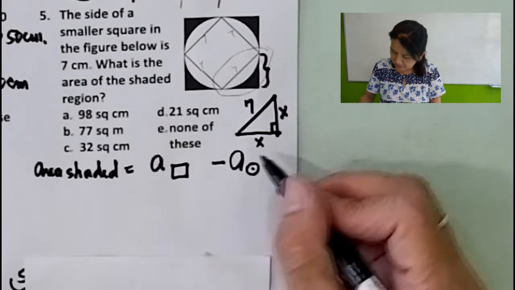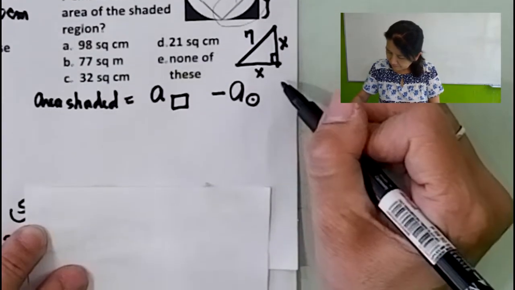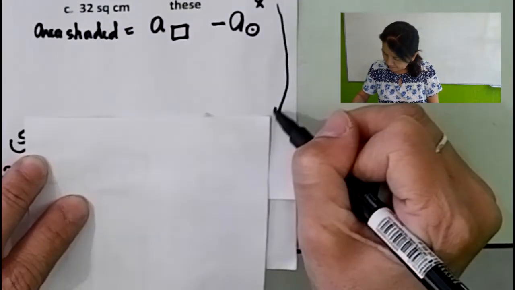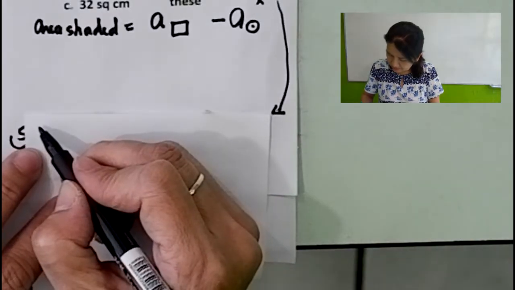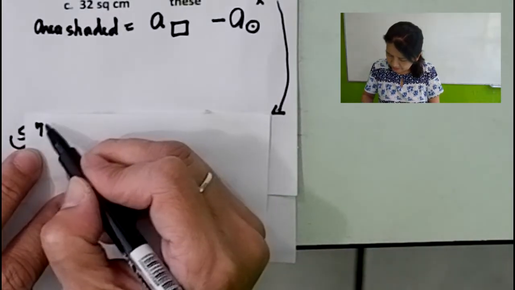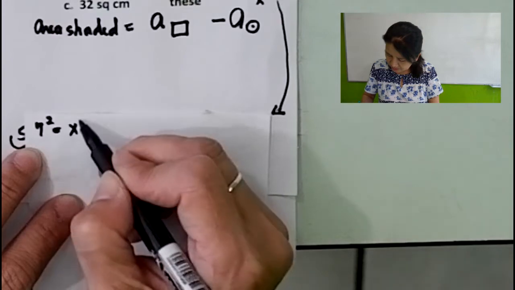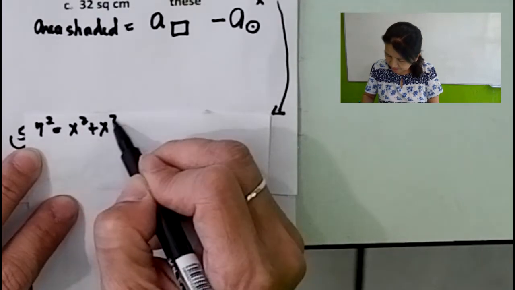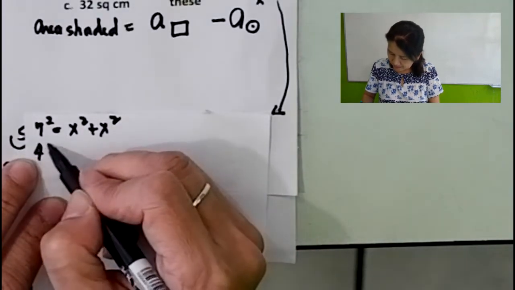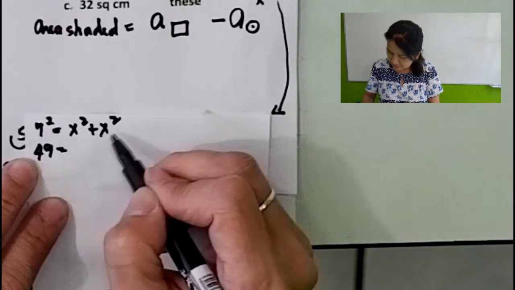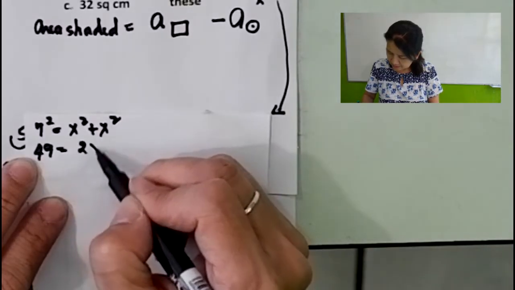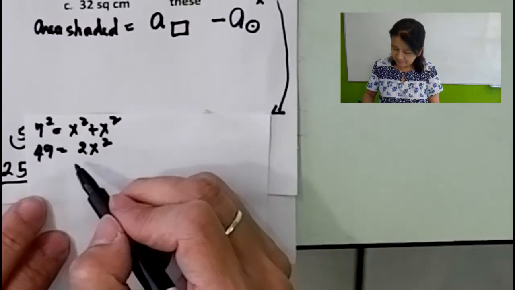So here you see that 7 squared is equal to x squared plus x squared. So 49 is equal to x squared plus x squared is 2x squared.